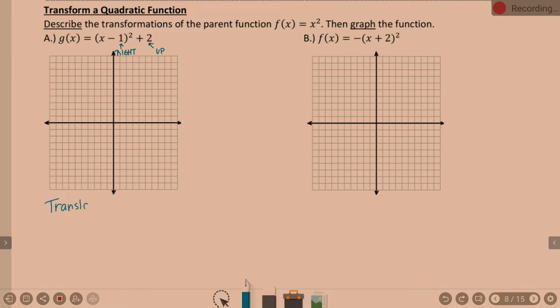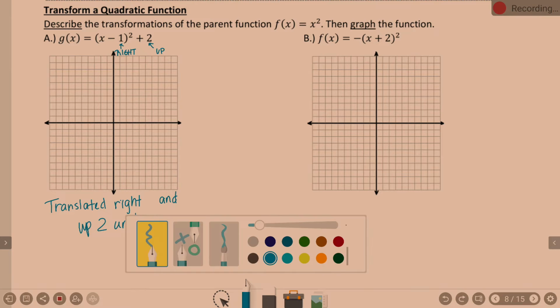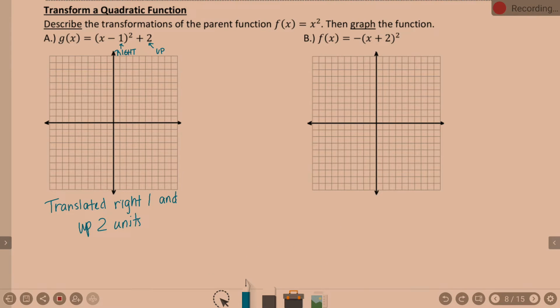So I'm going to write that we translated, or we're going to translate, right 1 and up 2 units. Yes, I saw words like moved, shifted, things like that. That's fine too.